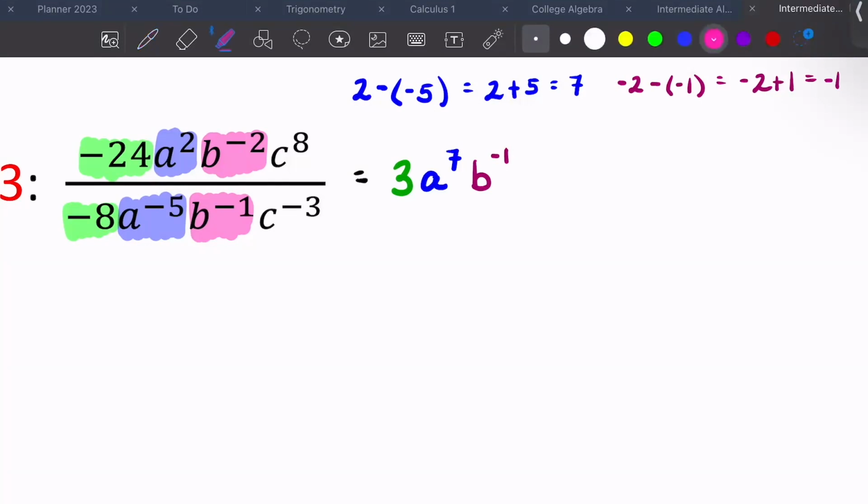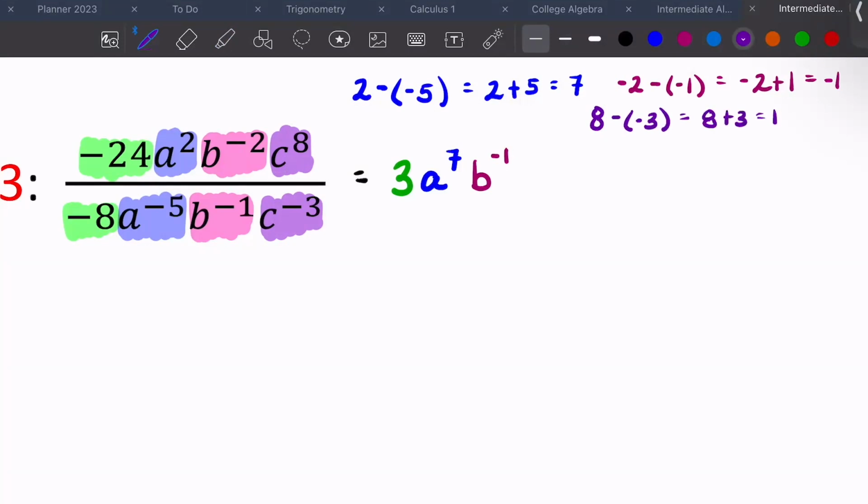You can go ahead and put it in the bottom, or we can do it in one more step, like I'm going to do in a second. For c, in purple, you have 8 minus -3, which is 8 plus 3, which is 11. So we're good. That one stays in the top. The only thing that needs to move is your b.